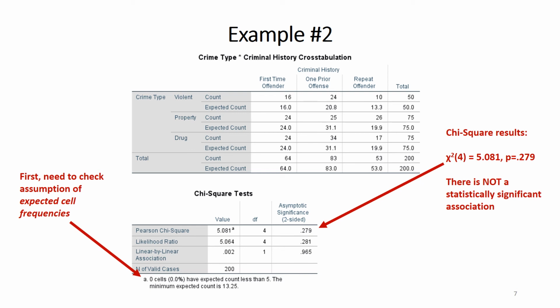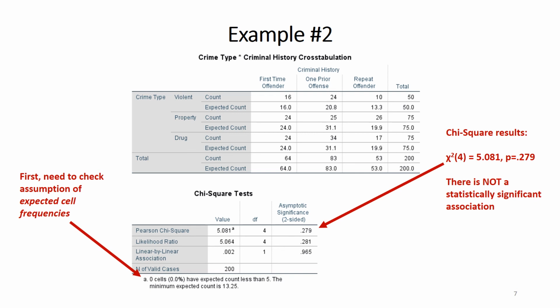And criminal history, this one has 3 levels to it, where it is measured as a first-time offender, an individual with 1 prior offense, or individuals who are what we would call repeat offenders who have 2 or more prior offenses. We see in the top table, the cross-tabulation table, a breakdown of the 2 variables as well as the observed and expected frequencies or counts within each cell of the design.